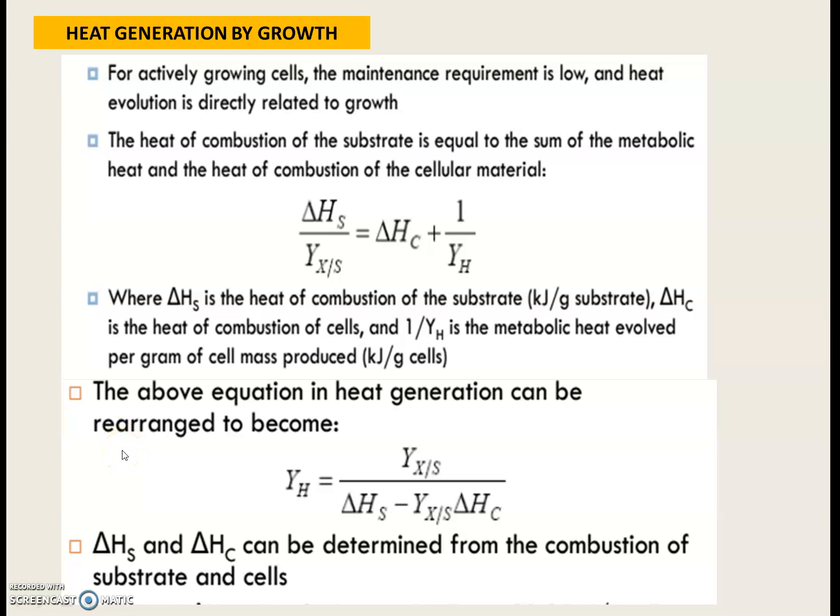The above equation can be rearranged into a new form: Y_H equals Y_XS over delta H_S minus Y_XS delta H_C. Delta H_S and delta H_C can be determined from the combustion of substrate and cell.